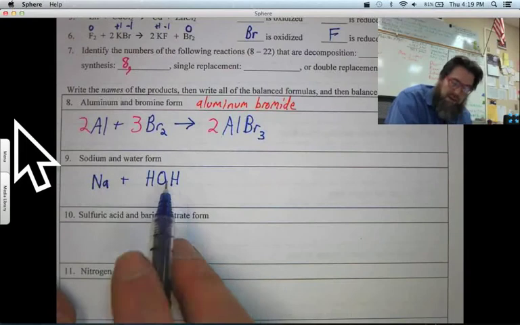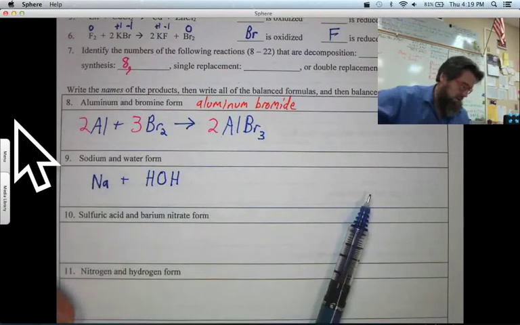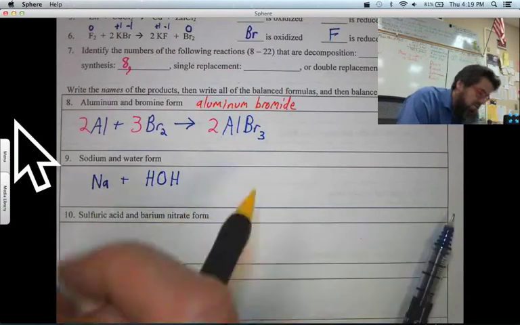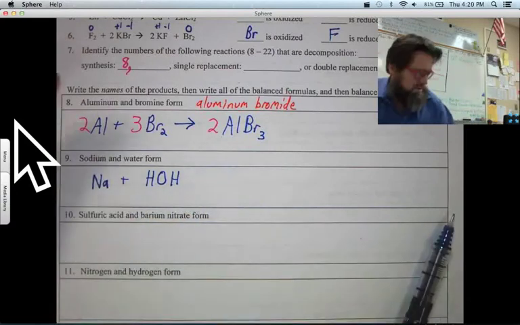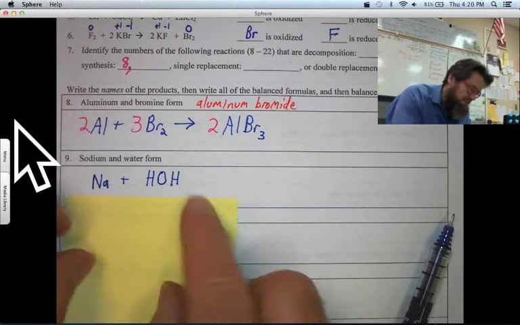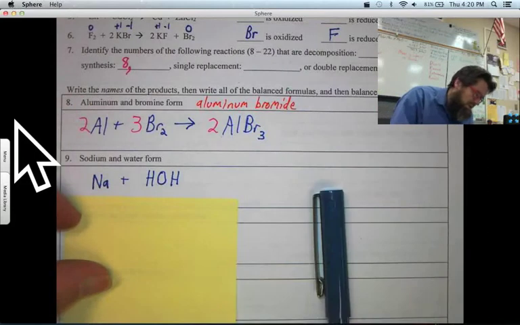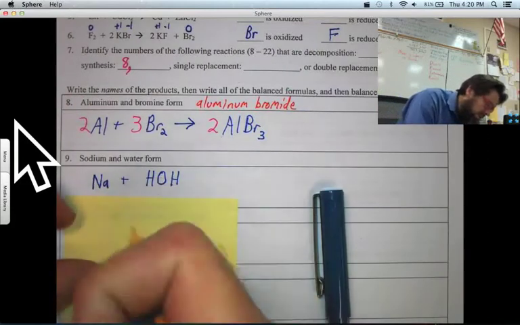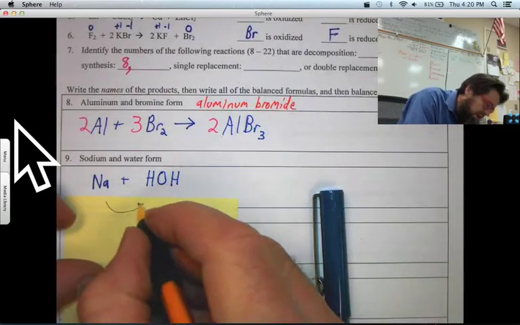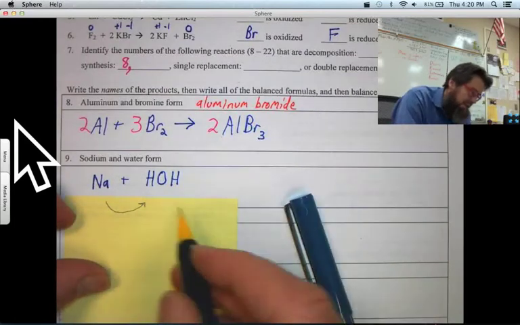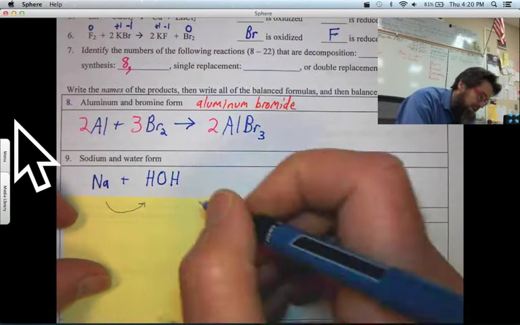So here, and forgive me, I'm going to draw a little arrow here. The sodium is going to cut in and replace the H+, and it's going to end up with the OH-.